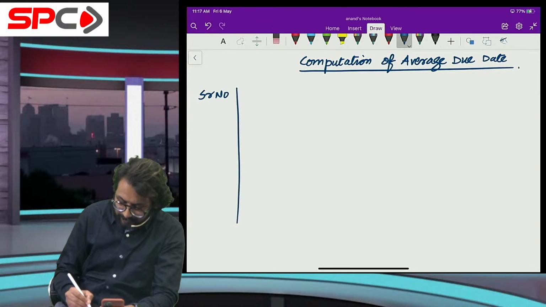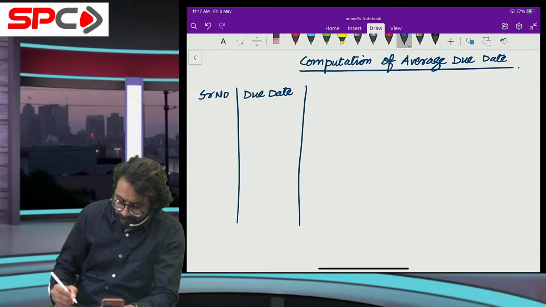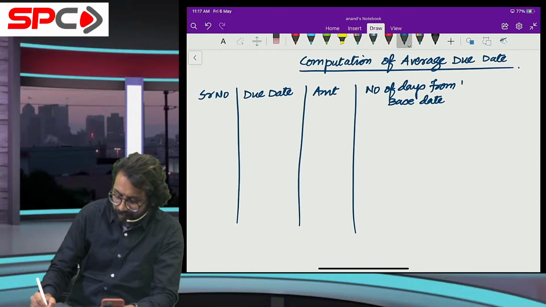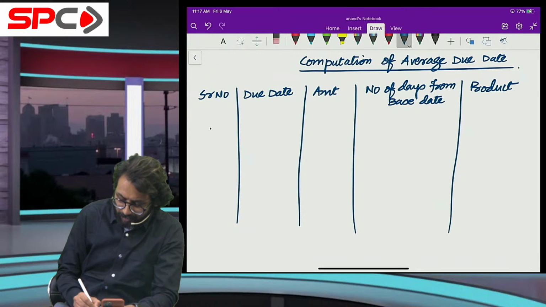Then next is due date. Then amount. Number of days from base date. And then I will write product. Boys and girls, in the serial number I will write 1, 2, 3, 4.